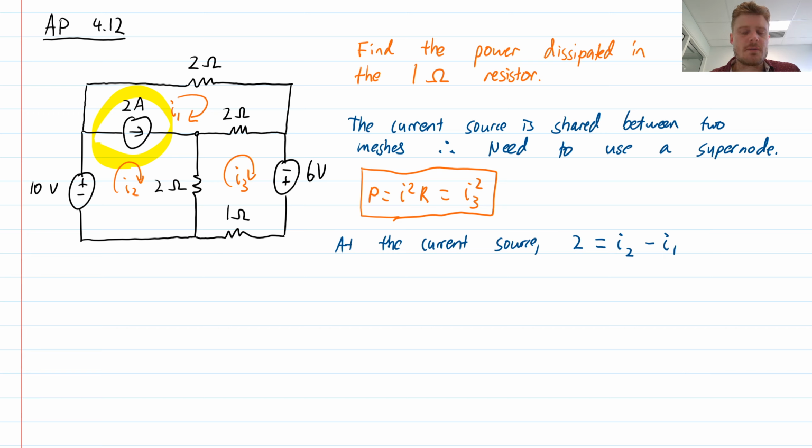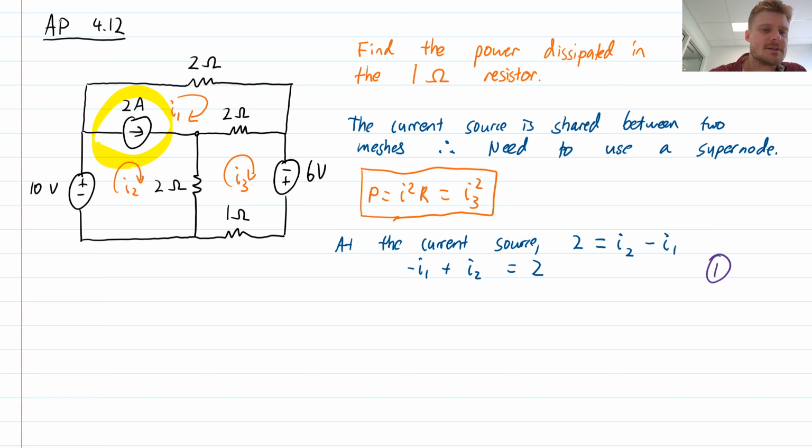So just to arrange this in standard form where I have my variables on the left-hand side, I'm just going to rearrange this equation. So I have minus I1 plus I2 is equal to 2. And so that will be my equation number 1.